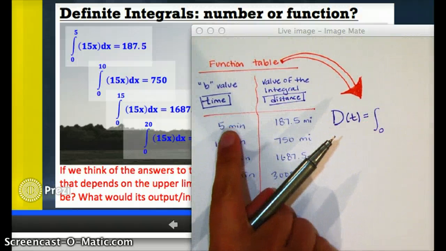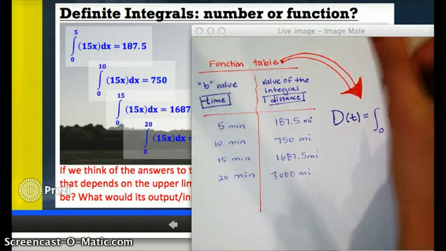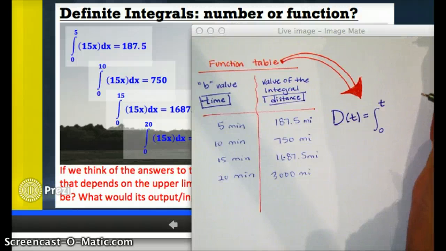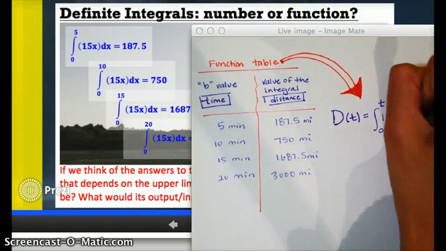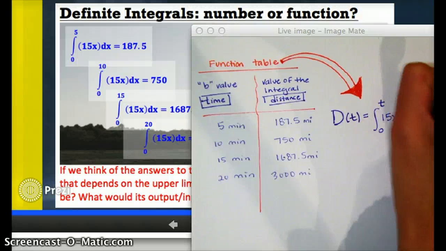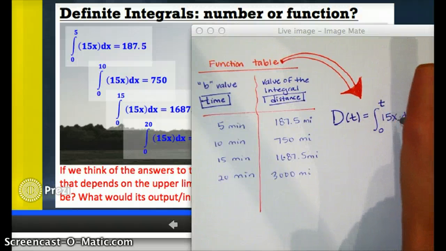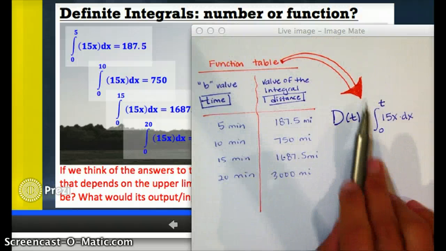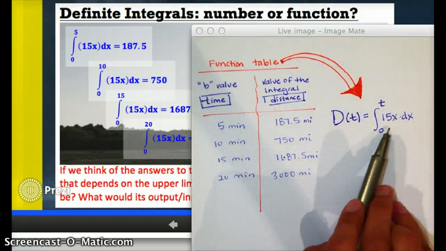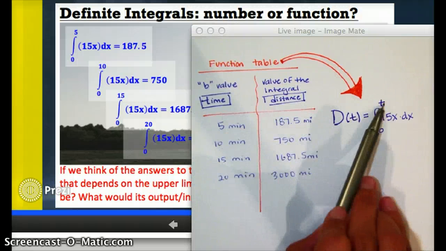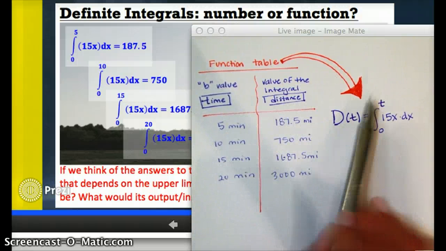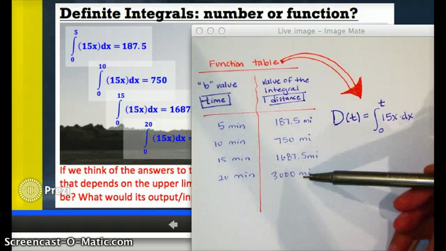Now, of course, 5 is the t value, so I would take the integral from 0 to t of 15x dx. Notice the variable change. I'll talk about that in a second. And when we evaluated this integral for 5 in the position of t and 10 in the position of t and 15 in the position of t, we got these outputs.